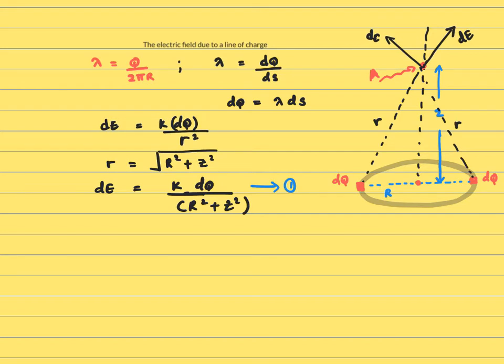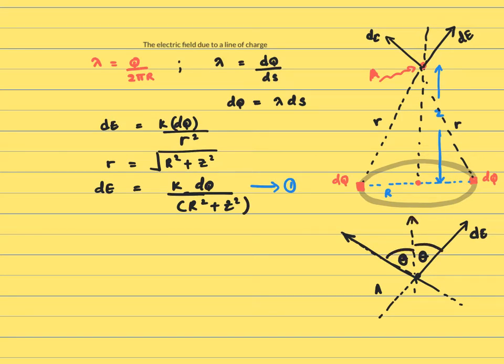Alright, so if you look at the point A, I'm going to bring it down here and redraw it so you have a better view of that. I'm going to extend this line. So there you have one electric field due to one infinitesimally small charge, and on this side you have the other, and there you have the y-axis, and they both make the angle theta with respect to the vertical direction.